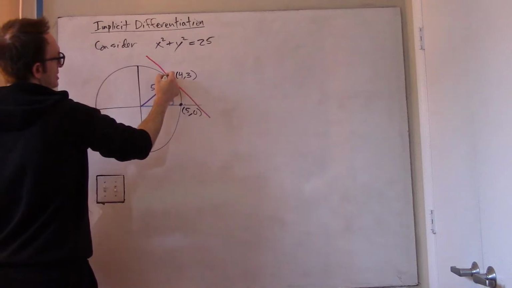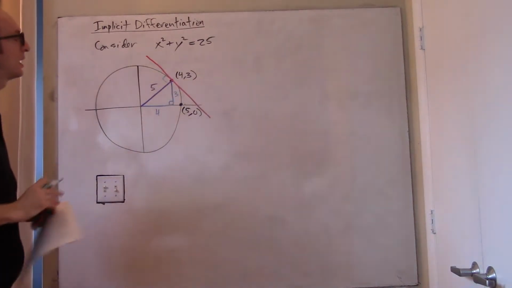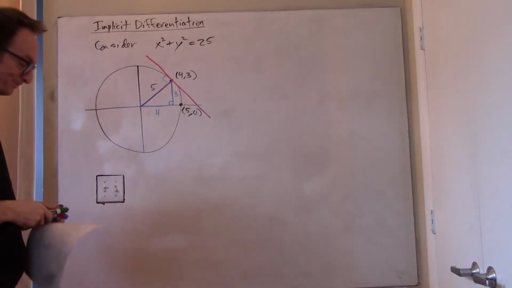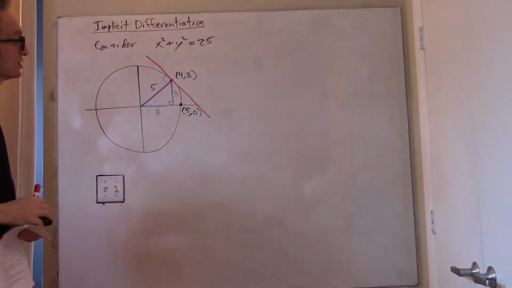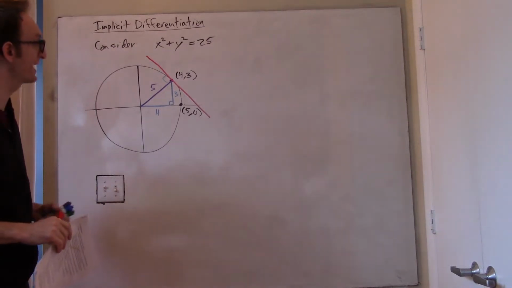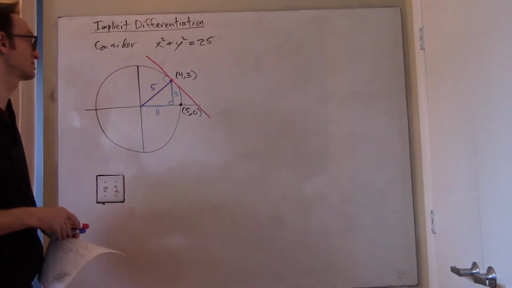Circles are special objects, and there's a thing that you learn in geometry, perhaps you even prove it, called the tangent theorem. The tangent theorem says that a tangent line to a circle is perpendicular to the radius drawn to the point of tangency.